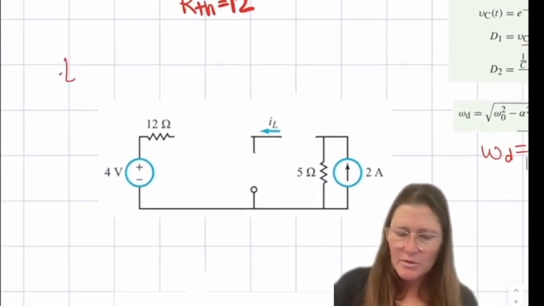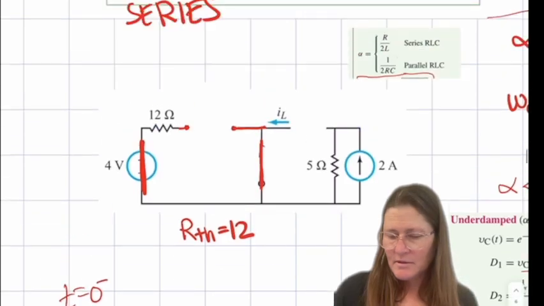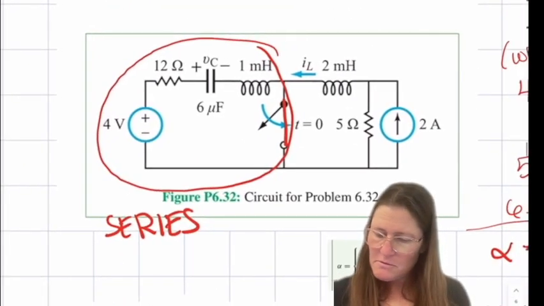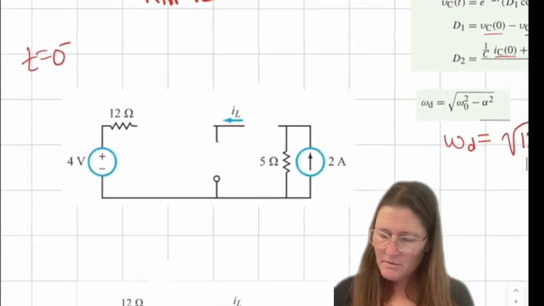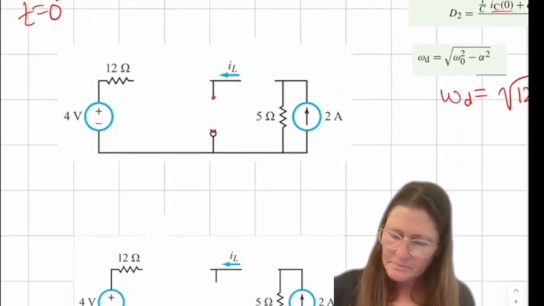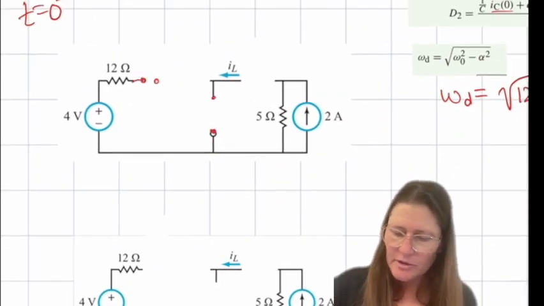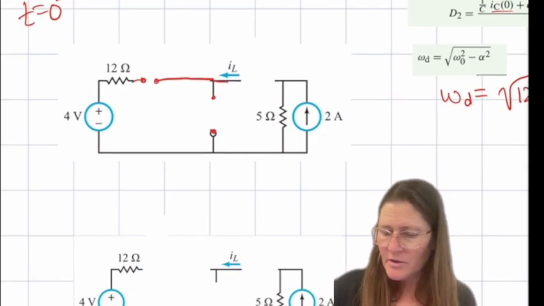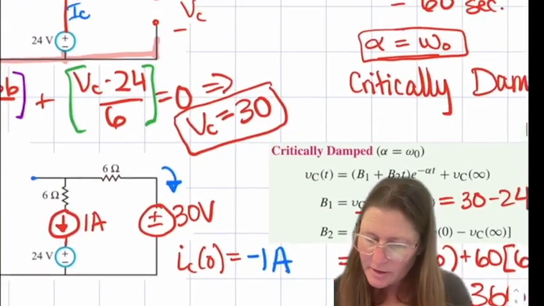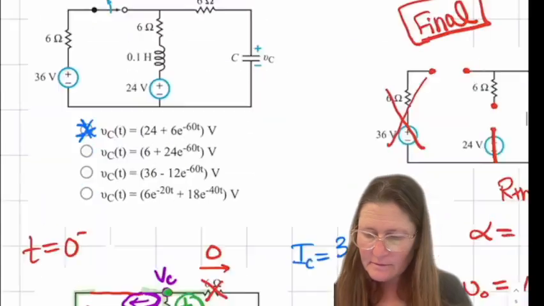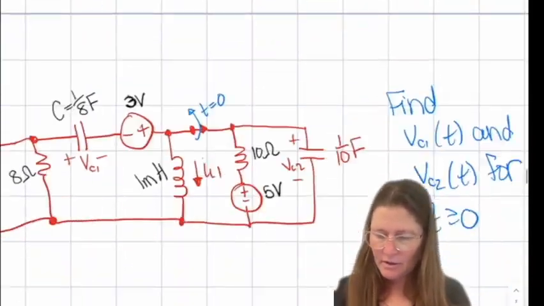So t equals 0 minus is switch is open. And we have capacitor and inductor. What was over here? And then this is an inductor.